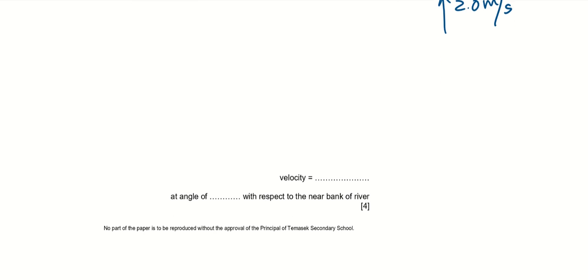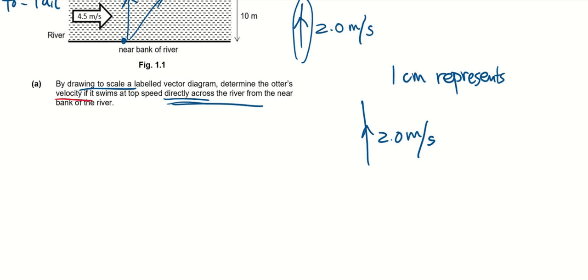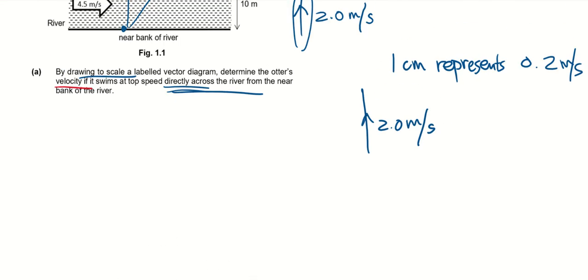So if I look at the space here, I can say maybe 1 cm represents how much? 0.2 meter per second. From the paper, do we have 10 cm? Okay, so anyway, we will have 10 cm for this. Right, you draw a 10 cm line.